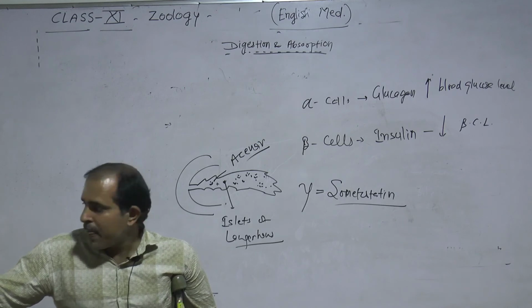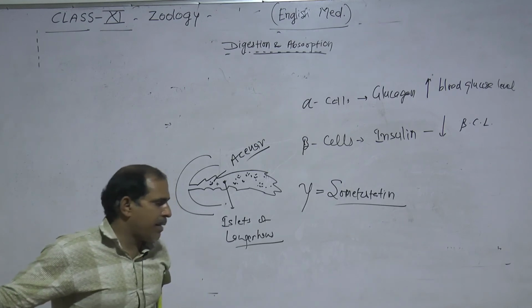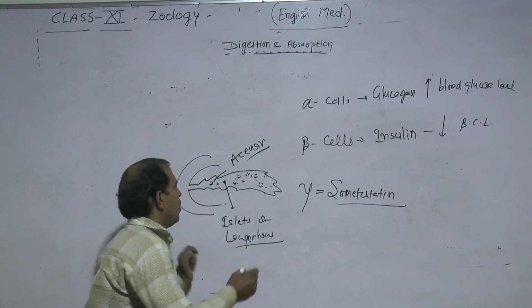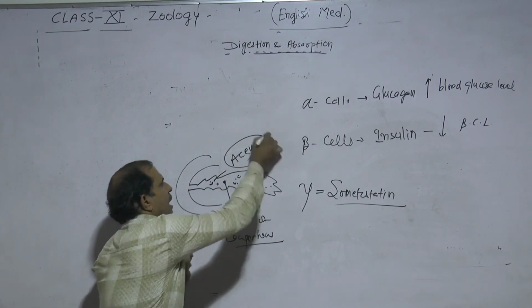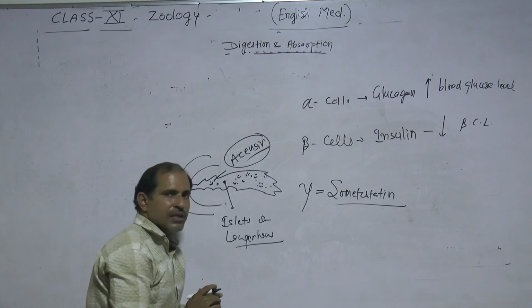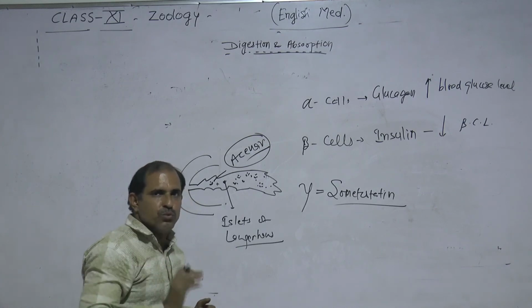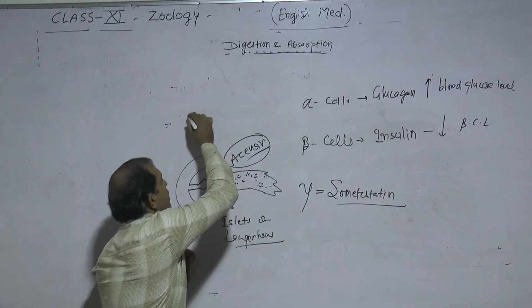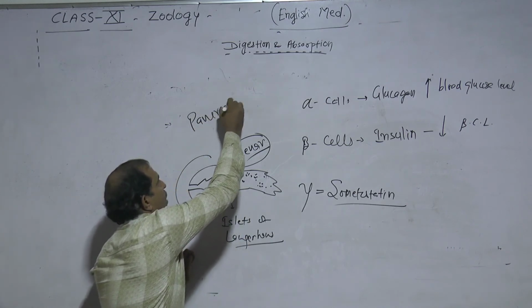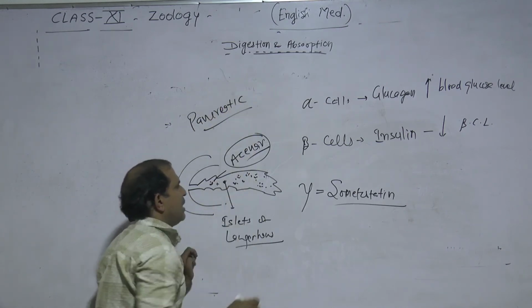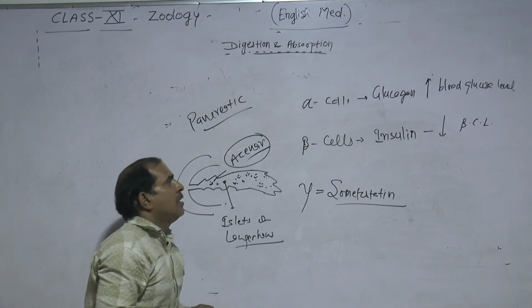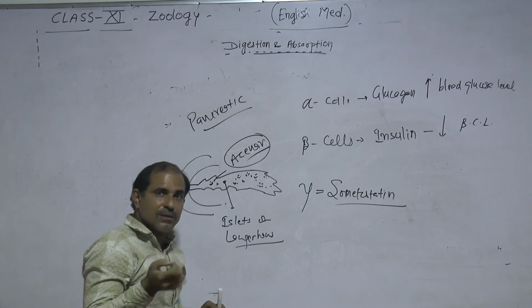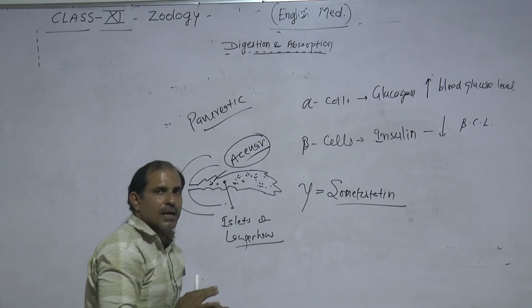And the exocrine part of pancreas consists of acinar cells, and these acinar cells secrete pancreatic juice. It means the acinar cells are the exocrine part of pancreas.